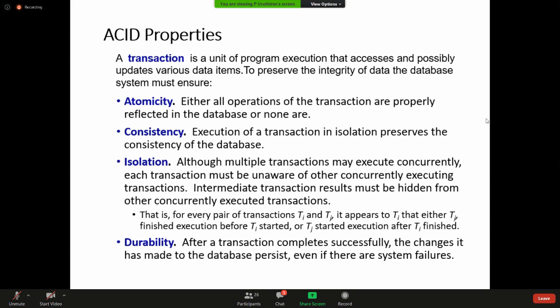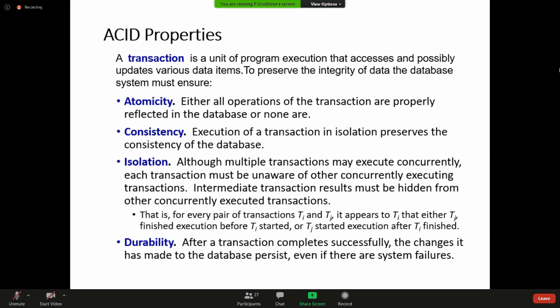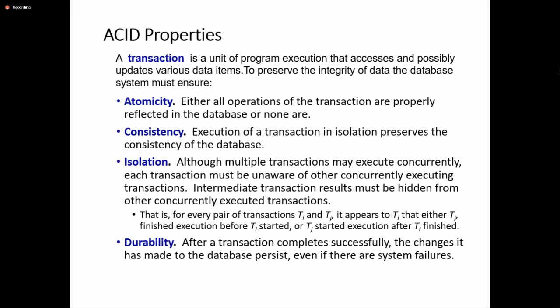Integrity means accuracy, correctness. Atomicity: either all operations of the transaction are properly reflected in the database or none. If the transaction is successful, all updates are reflected in the data items. If the transaction is unsuccessful, the database goes back to the previous state. That is also an update.